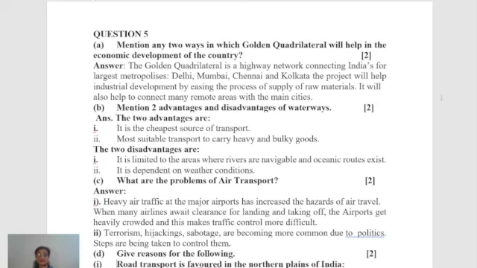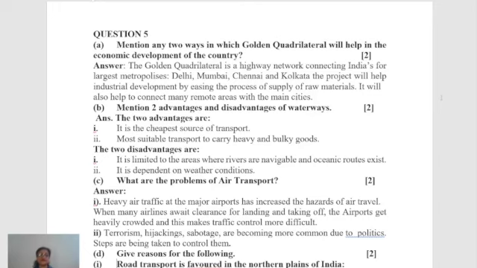It is expected that this project will help in faster industrial development by easing the supply of raw materials to all the industries. It also helps connect many remote areas with the main cities, thus a faster development again.